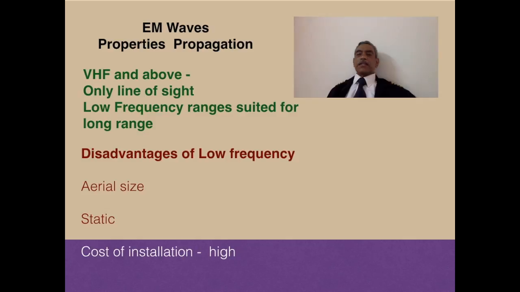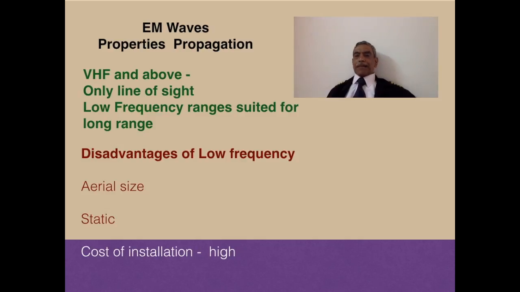Now, what are the disadvantages of lower frequency? The aerial. You will appreciate that because of the lower frequency, the wavelengths are higher. And we also learned that the aerial size has to be coherent with the size of the wavelength. It has to be in harmony with the wavelength, that is either half, one fourth, etc. Long wavelengths demand longer aerial size.